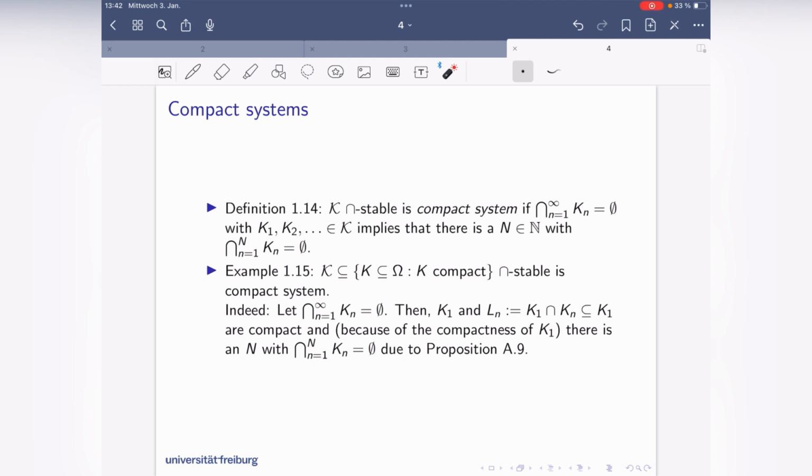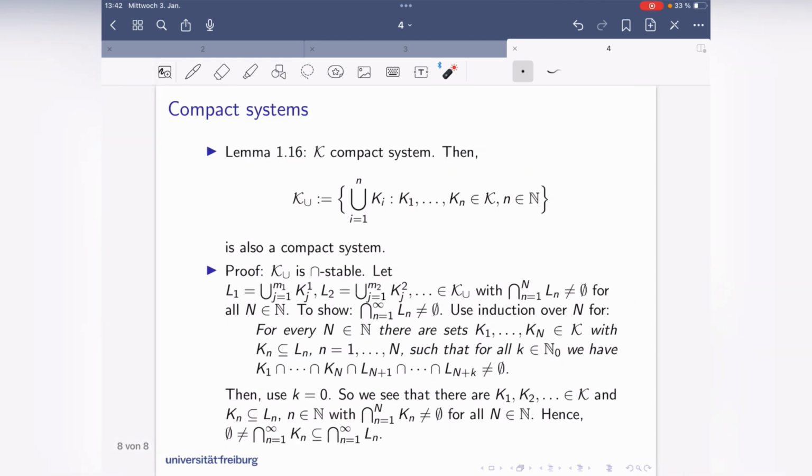Well, so that's not the empty set, but now I don't have the Ki's here, I have the Li's, which are just finite unions of the K's here. I have this here is not the empty set for all n, and I have to show that the countable intersection is also not the empty set.